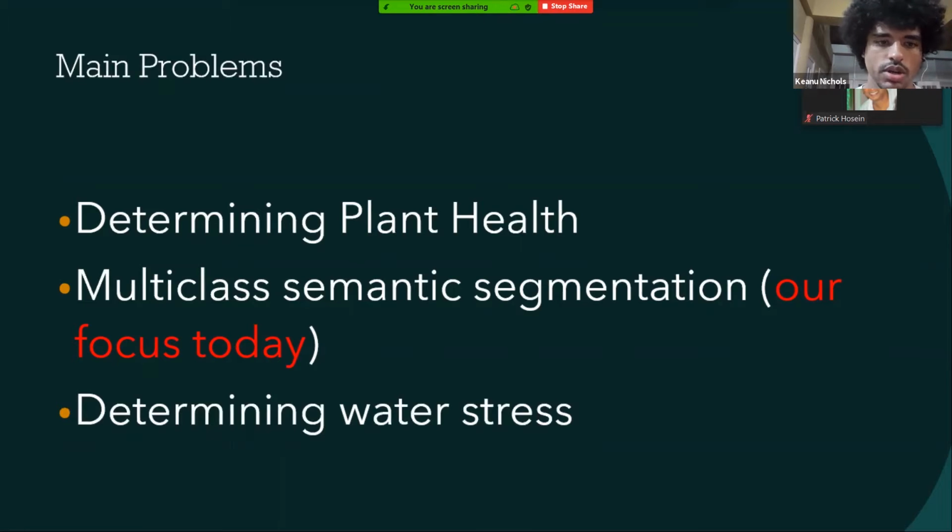So I'm just going to go over a brief overview of what the main problems are that we are looking at for the project. The first problem is determining plant health, the second is multi-class semantic segmentation, which is our focus today, and the third is determining water stress.